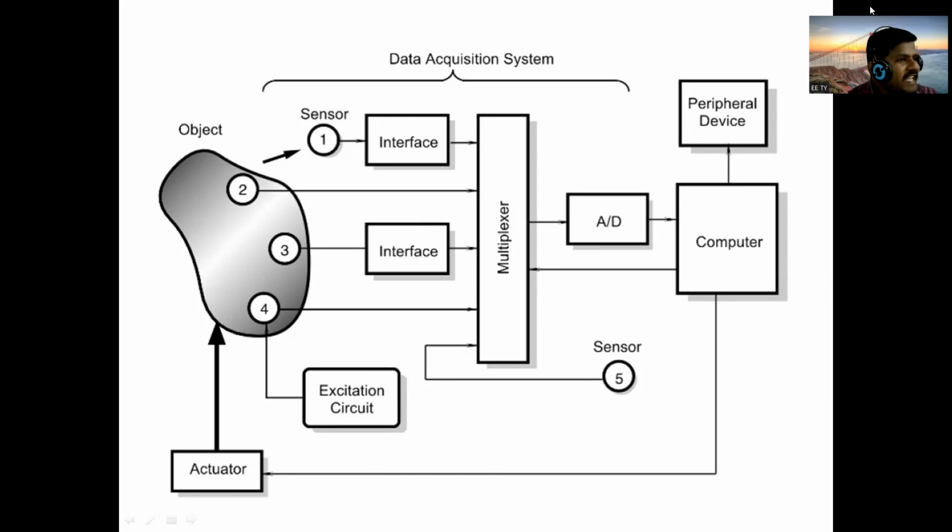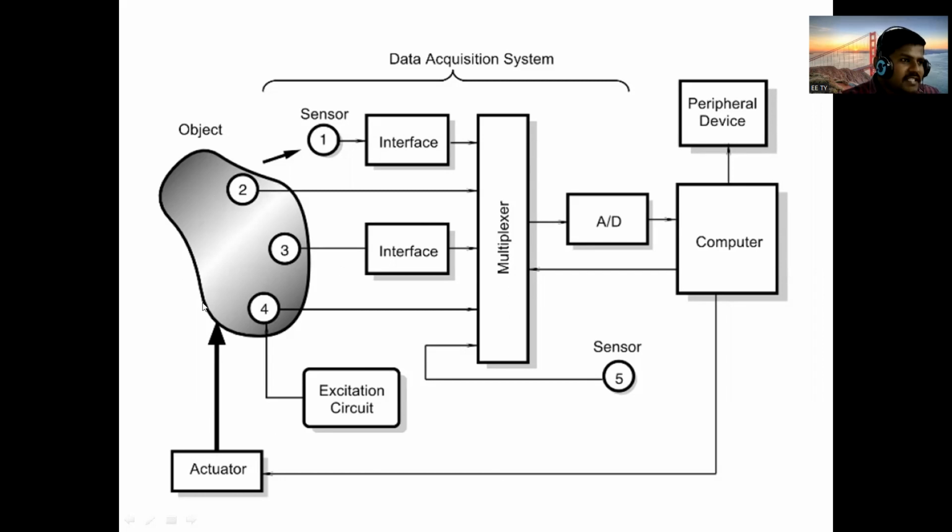We want to sense its physical property, its quantity, as well as its condition. So a number of sensors can be used in this block diagram. In that block diagram, there are 5 sensors used.